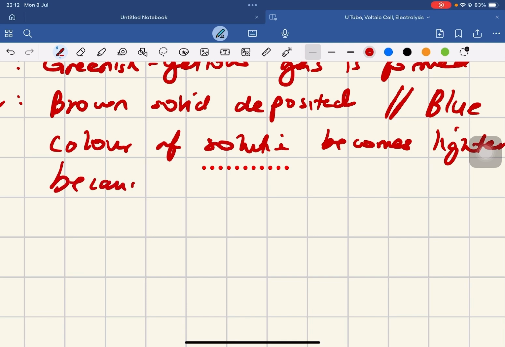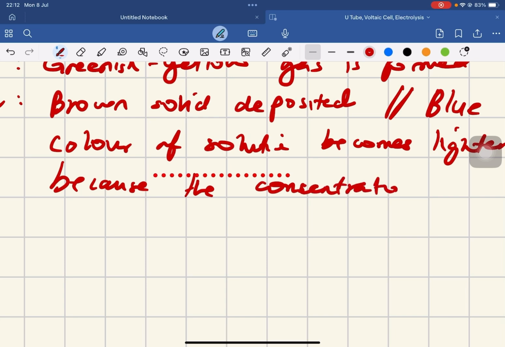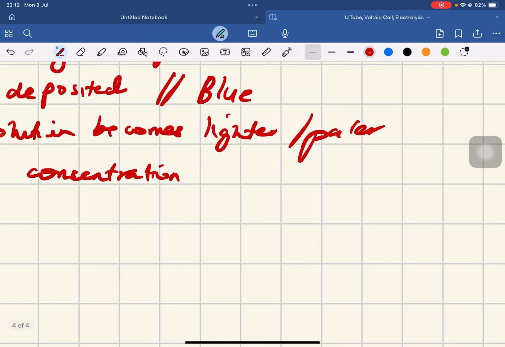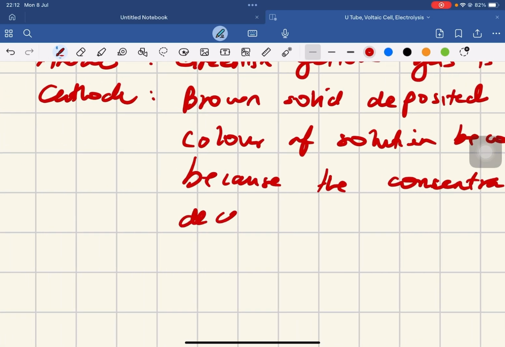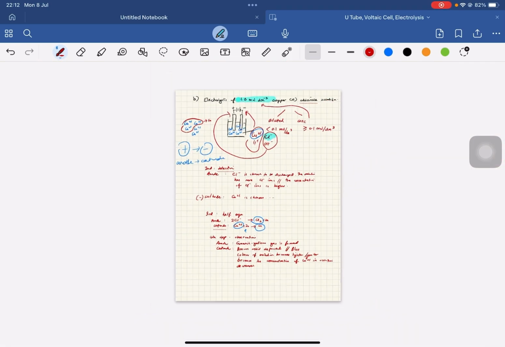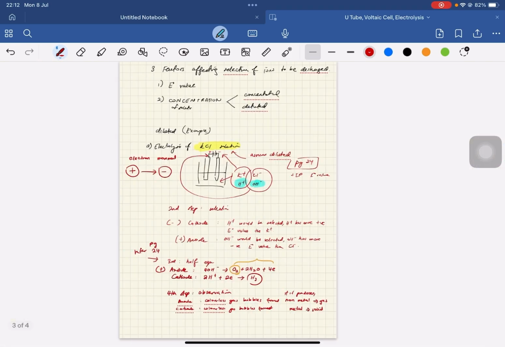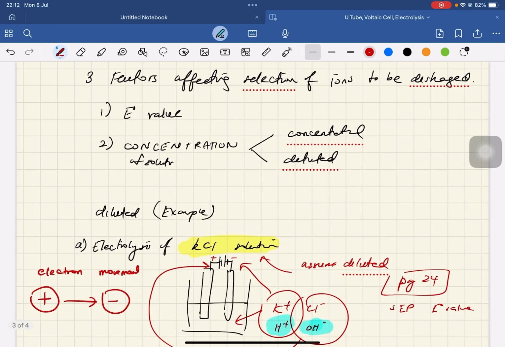Because the concentration of copper ion in the solution decreases. Settle, right? Kan? Okay. So, already covered one. Okay. On to our third factor.